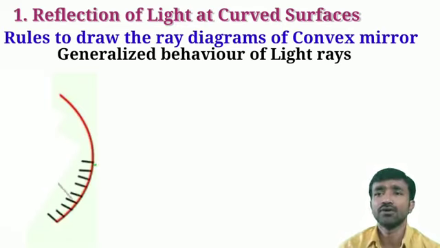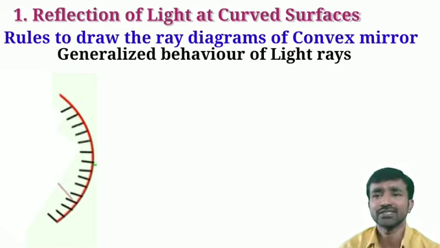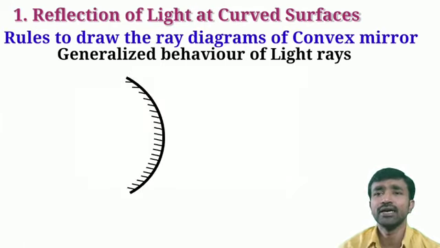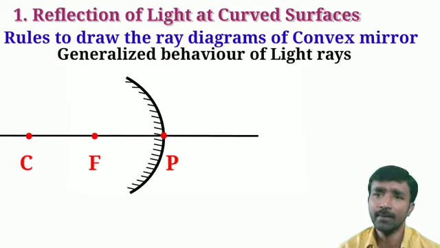After drawing the convex mirror as shown on the screen, locate its pole, center of curvature, and focus. For a convex mirror, the center of curvature and the focus are located behind the mirror. Complete this first, then join the center of curvature and the pole; this is known as the principal axis. Extend this line in front of the mirror also.